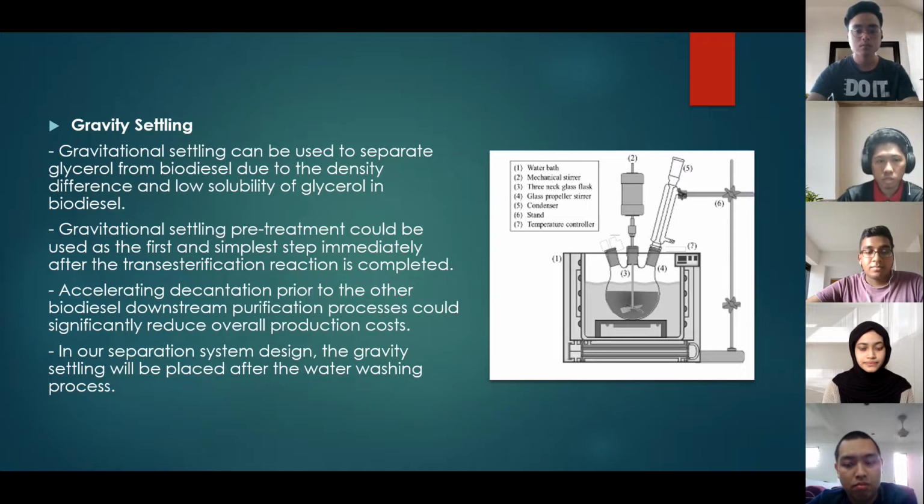Gravitational settling pretreatment could be used as the first and simplest step immediately after the transesterification reaction, accelerating the decantation process before the biodiesel downstream purification process, so that it could significantly reduce overall production cost. In our separation system, we also use the gravity settling after the water washing process.